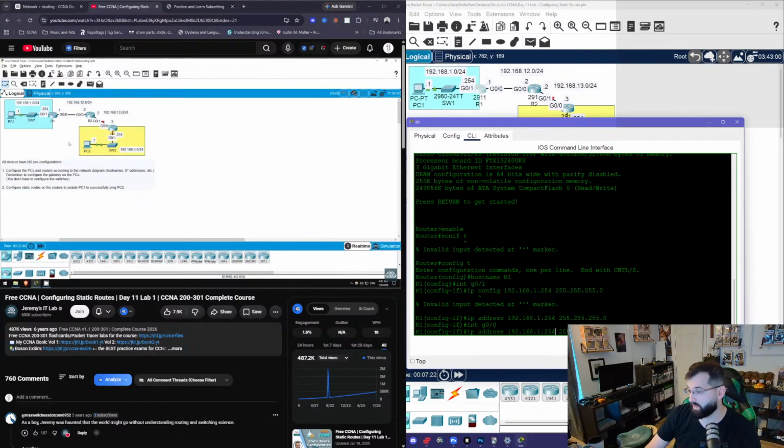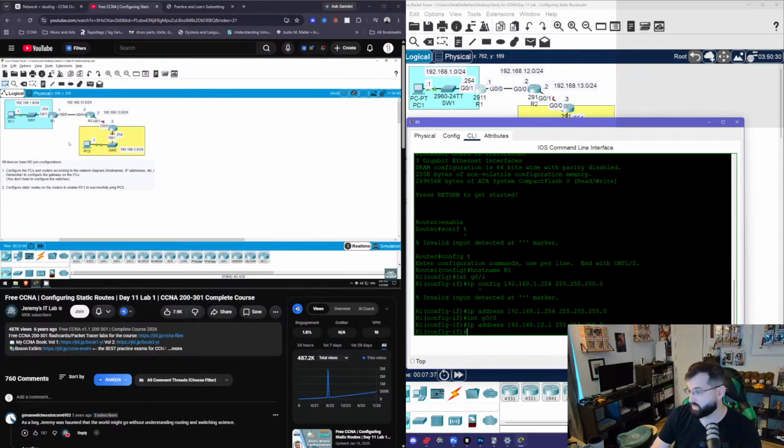We're on the same subnet mask, so we're going to leave that alone. And we're going to go to 12.0. No, 0.1. Okay. Now, the reason we did 254 is because the router is the default gateway for this network. But this interface is not the default gateway of anything. It just needs to be connected to this. Okay.